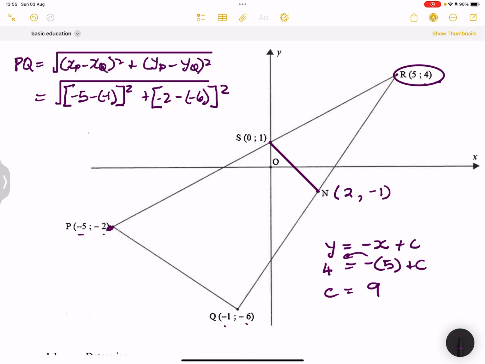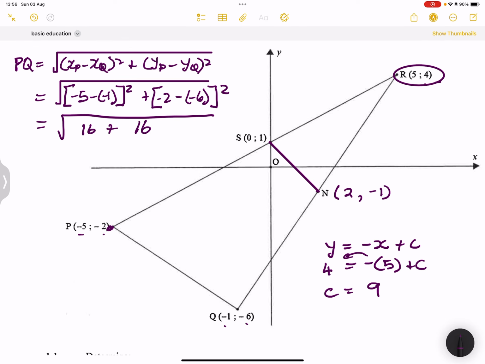Let me do this and just take the square of that. Inside the first bracket, we've got -5 plus 1. That's going to be -4, all squared, that gives us 16, plus. In the next bracket, we've got -2 plus 6. Again, that gives us 4, and the square of that is 16.